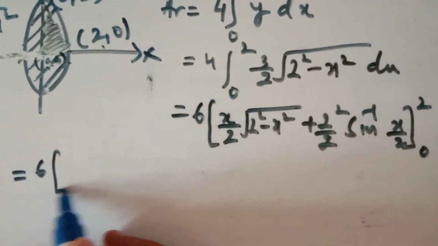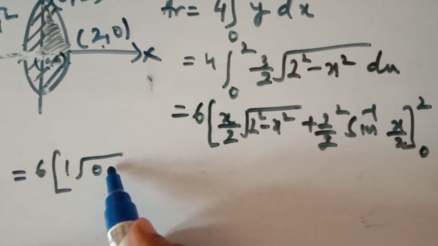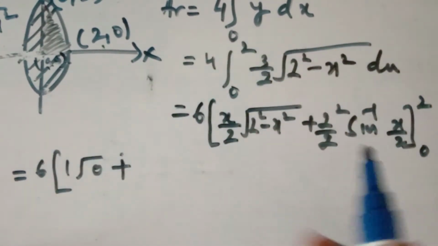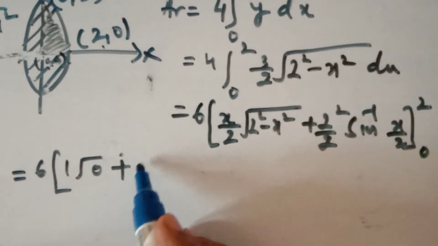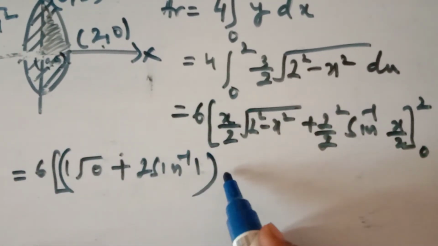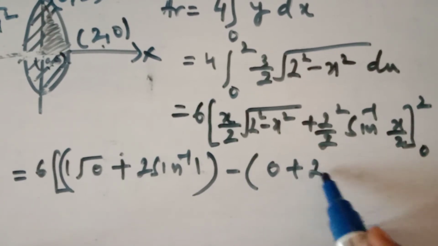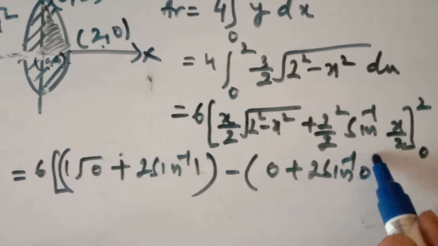So upper limit is 2, so it will be 1 under root 0 plus 4 upon 2 sine inverse 1, upper limit, minus lower limit 0 plus 2 sine inverse 0.